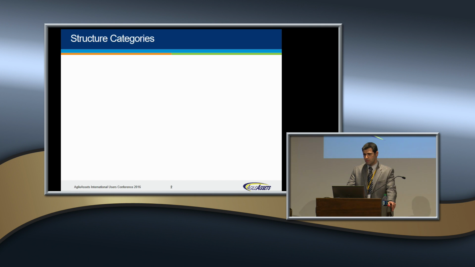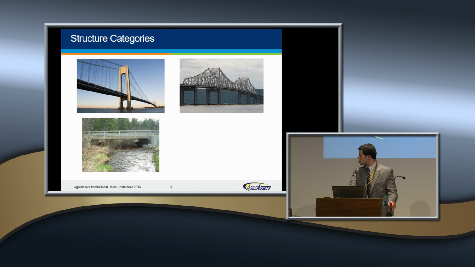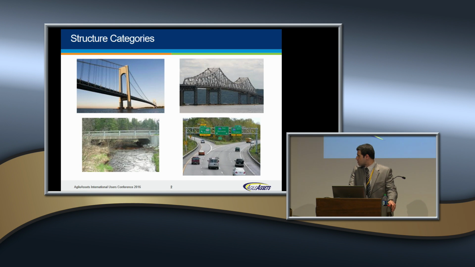The answer is simple, because under the structure management system, they have a wide variety of assets or structure types, ranging from very large and complex structures like bridges, large culverts, and overhead sign structures, which have their own strict and specific guidelines of inventory, maintenance, and inspection, and basically they need their own system and framework for management.